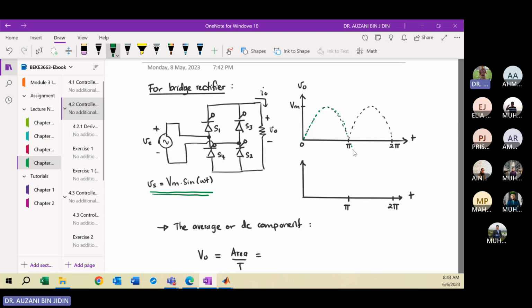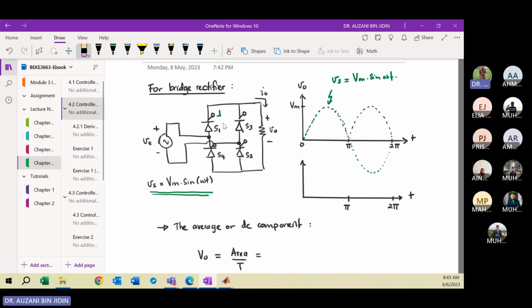Okay, you have here the sine function. The dotted green color is the source voltage, where the source voltage is the sine function, Vm sine omega t. In order to produce the desired output voltage, you need to apply a suitable value of delay angle or firing angle.